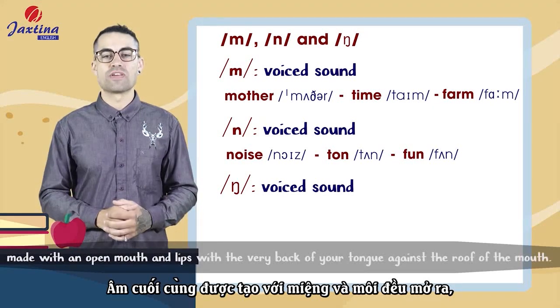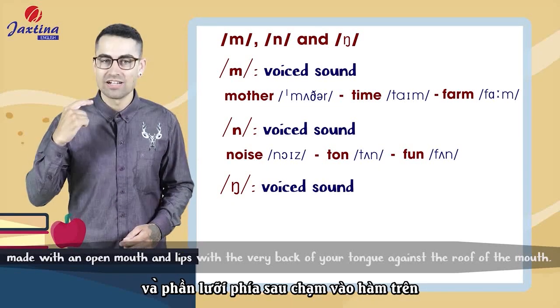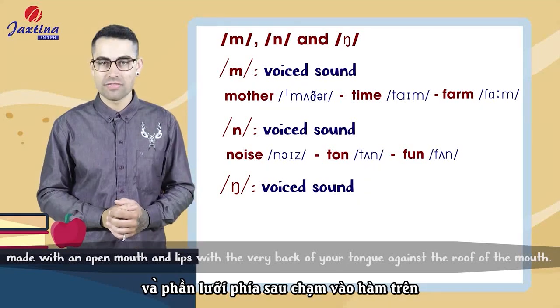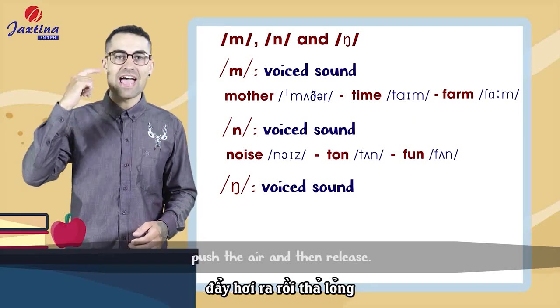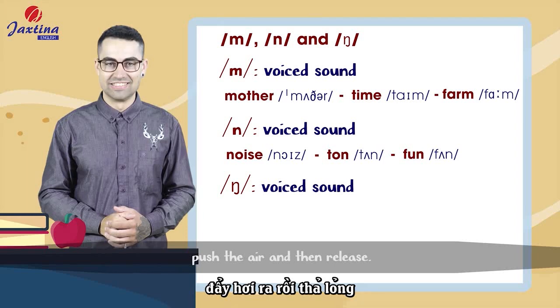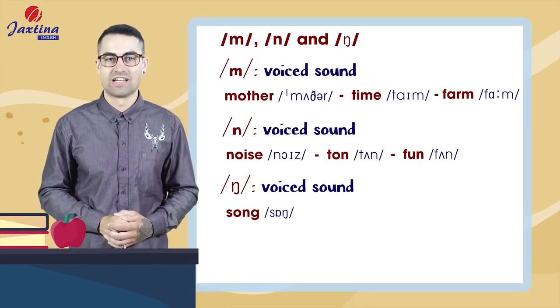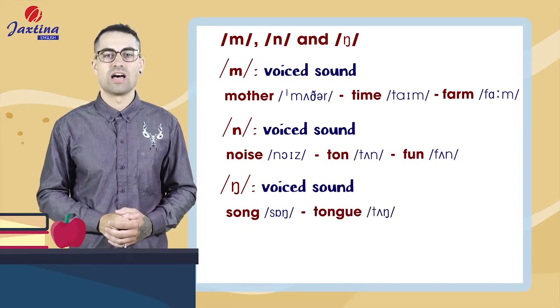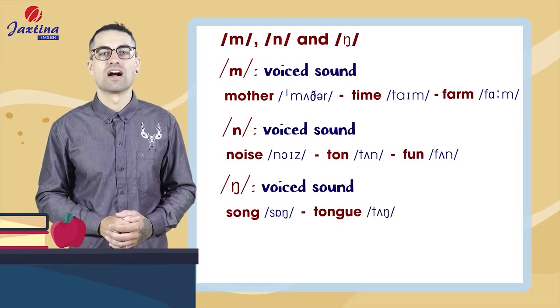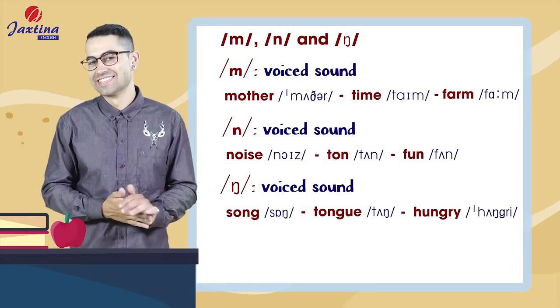So this is made with an open mouth and lips and the very back of your tongue against the roof of your mouth. Push the air against it and then release. Examples: song, tongue, hungry.